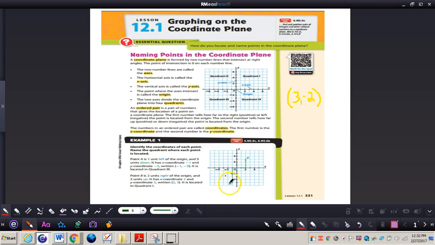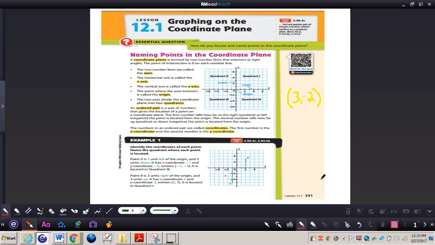Okay, so we can see that A, the ordered pair, is written -1, -5, and we know that it's in quadrant 3. The reason why we know it's -1, -5, we can see our point is in line with -1 on the x-axis and -5 on the y-axis.